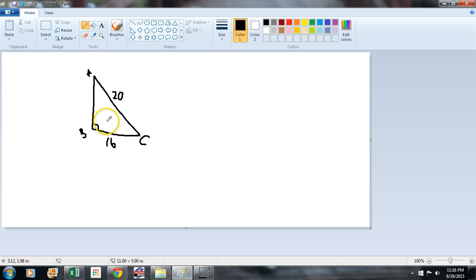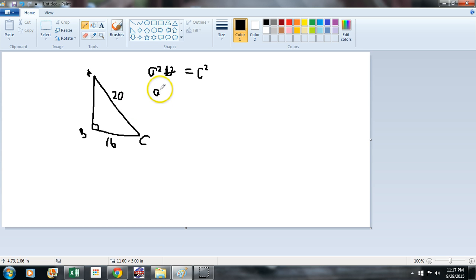So knowing this is a right triangle and I have a missing side, what am I automatically thinking of? Well, you should be thinking Pythagorean theorem: a squared plus b squared equals c squared. And then going with this, I'm just going to set this up.